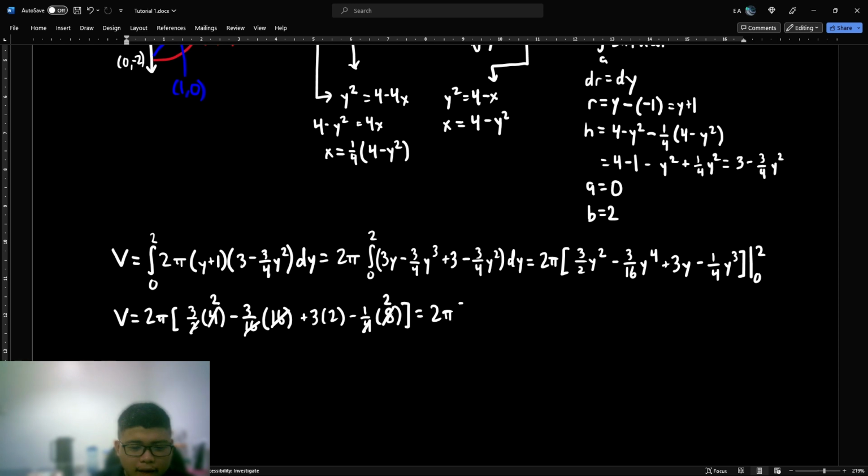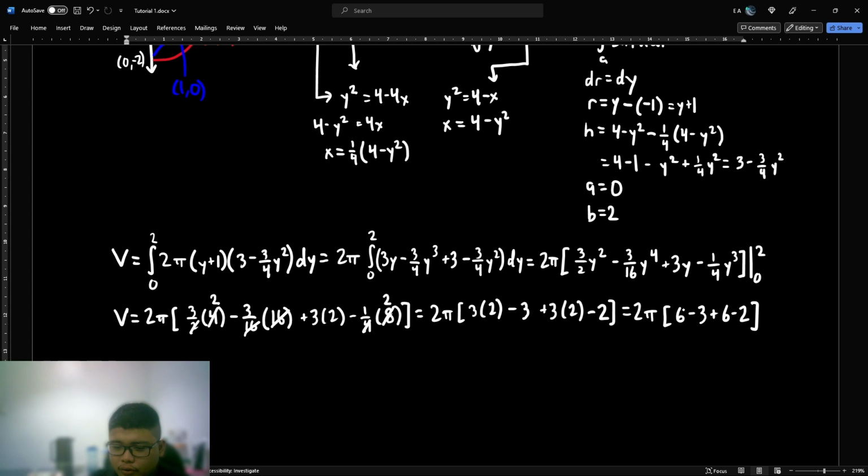This becomes 2 pi times 3 times 2 minus 3 plus 3 times 2 minus 2. This becomes 2 pi times 6 minus 3 plus 6 minus 2, or simply 12 minus 5, which is 2 pi times 7. So our volume is actually 14 pi cubic units.